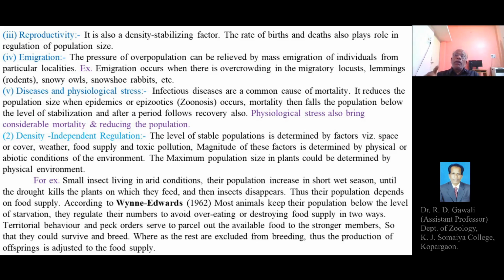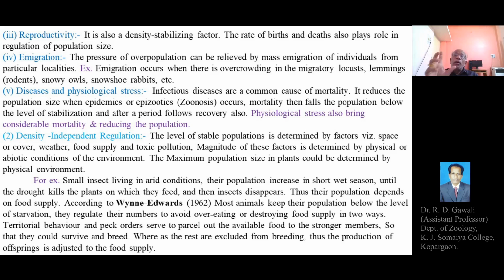Territorial behavior means that whenever there is a limited food supply, only the stronger organisms of the species are allowed to feed on it, and the weak organisms, which are not usually capable of reproduction, are kept away from feeding.